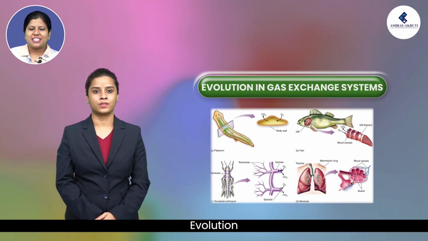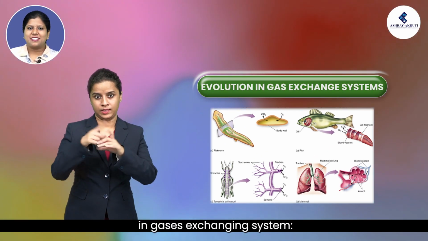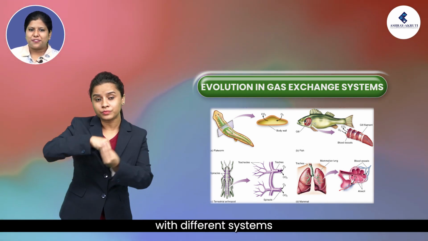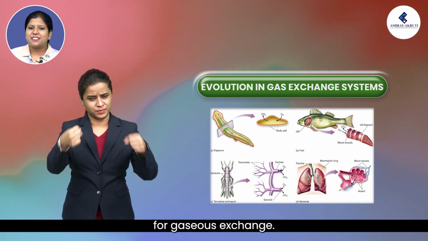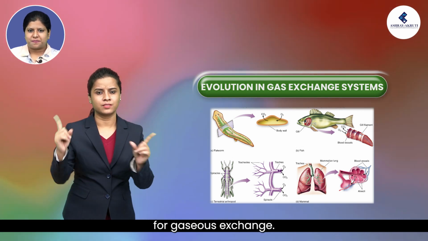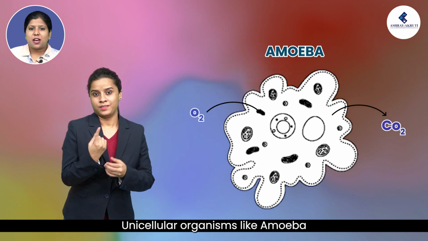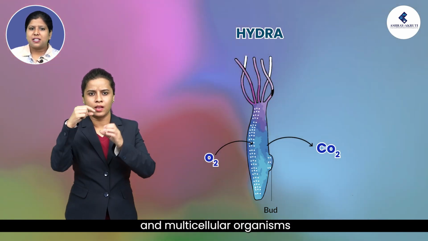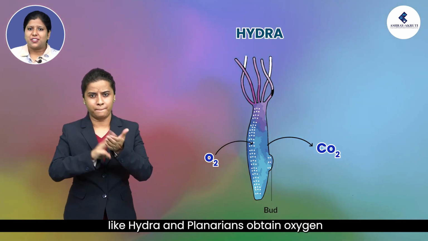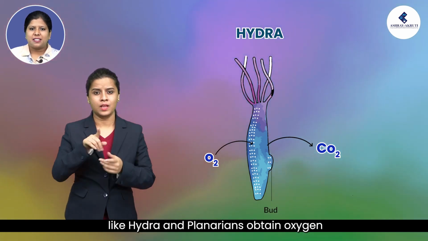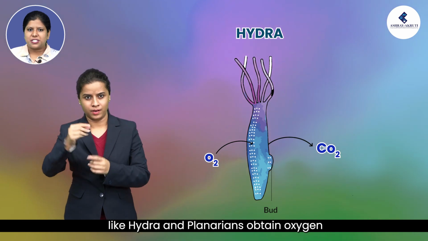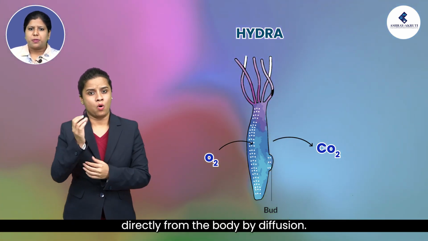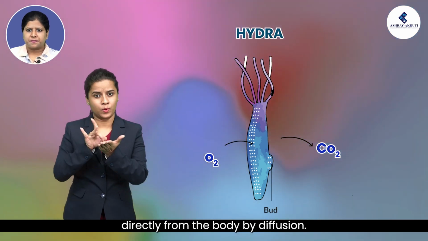Evolution in gases exchanging system. Organisms are evolved with different systems for gaseous exchange. Unicellular organisms like amoeba and multicellular organisms like hydra and planarians obtain oxygen and remove carbon dioxide directly from the body by diffusion.